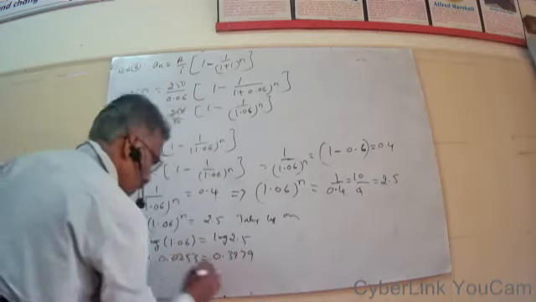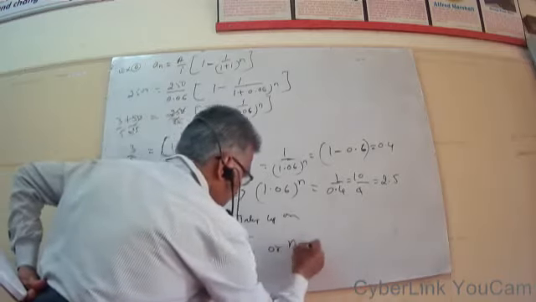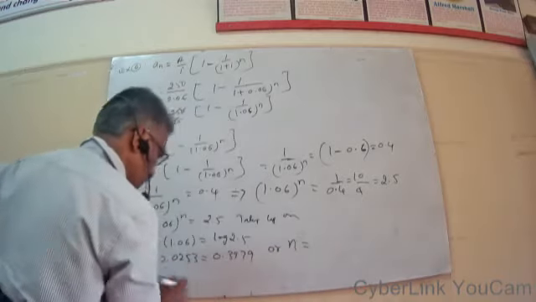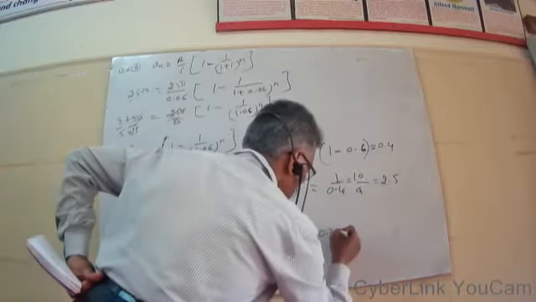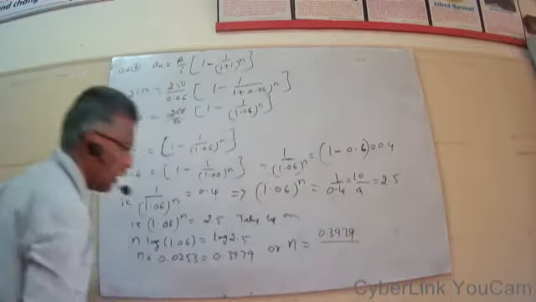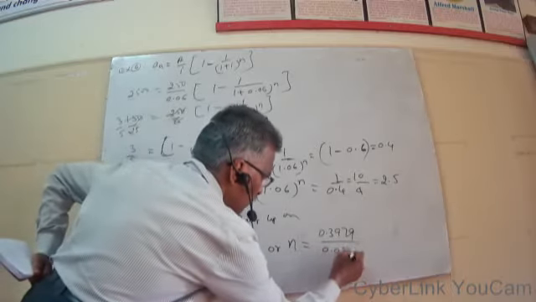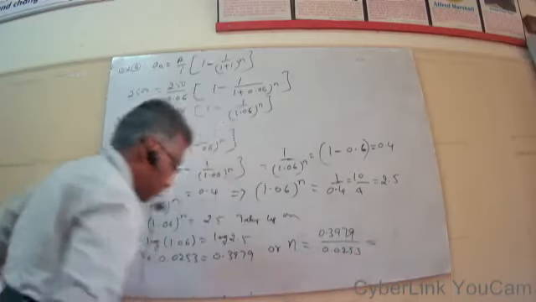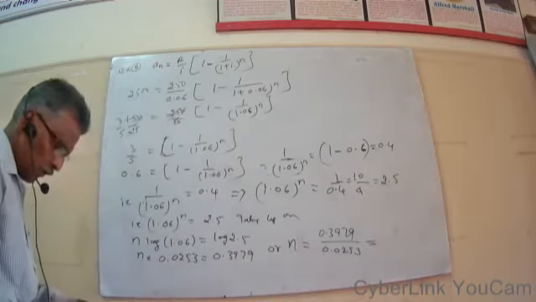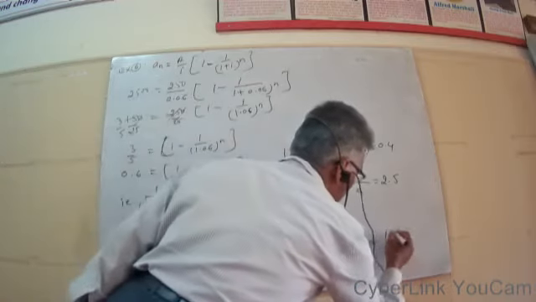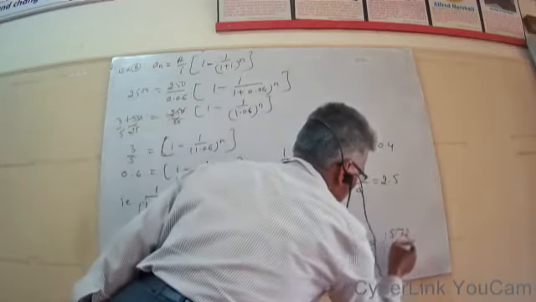Or n equals this divided by this, 0.3979 divided by 0.0253, which equals 15.72. So 15.72 years.